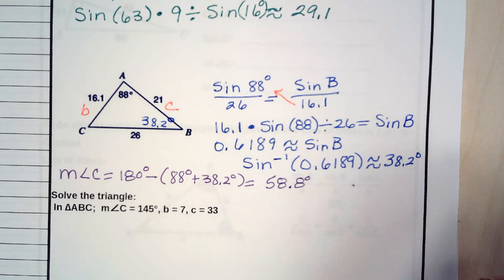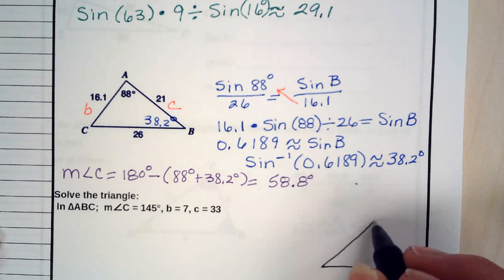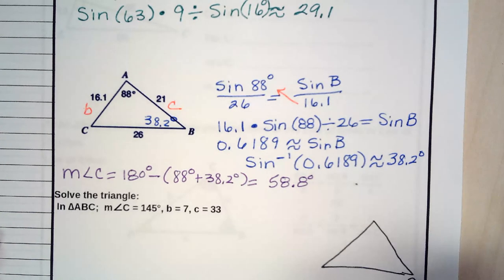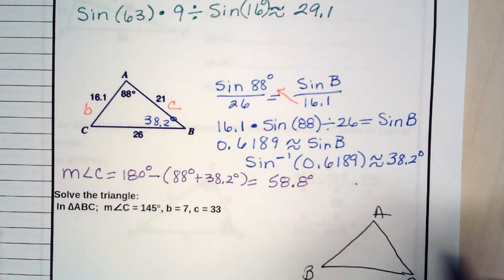So the first ones we had pictures of. But what if we don't have a picture? What do we do then? Well, we draw it. Triangle ABC.